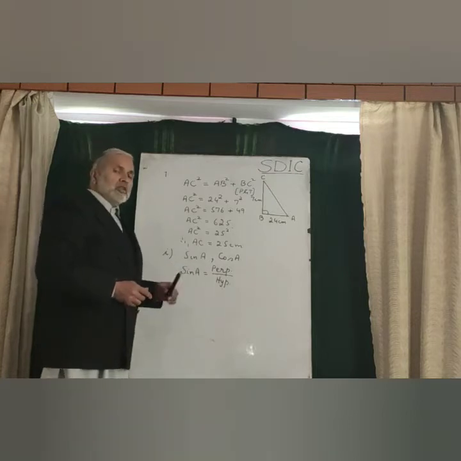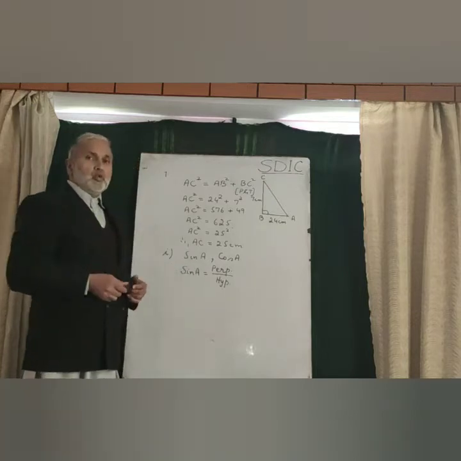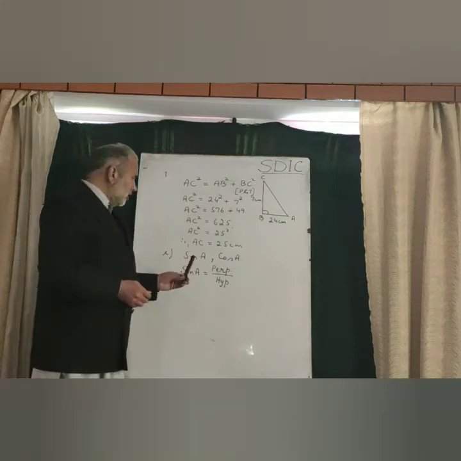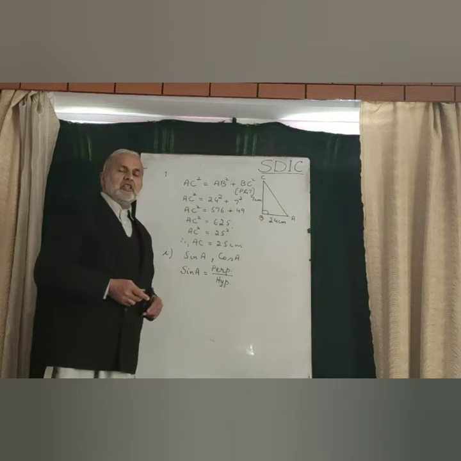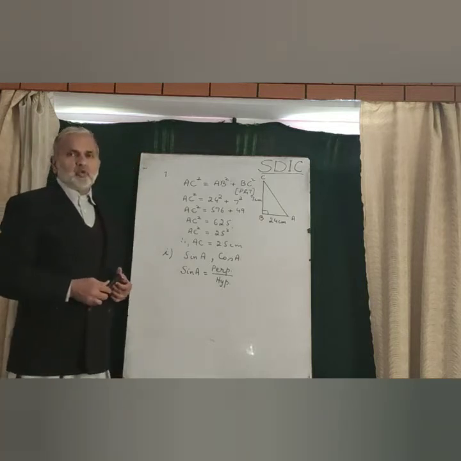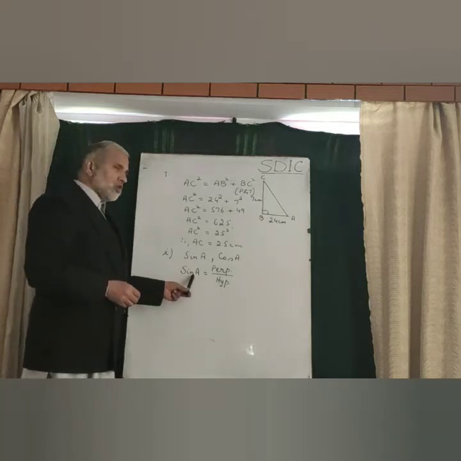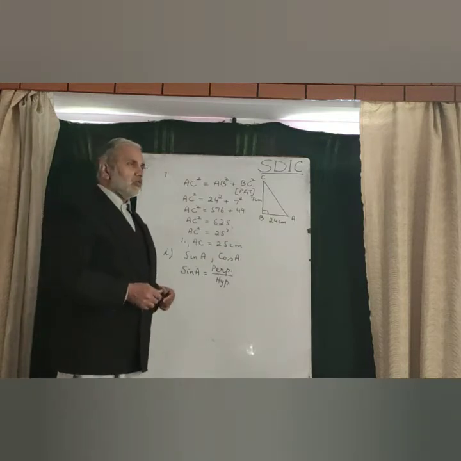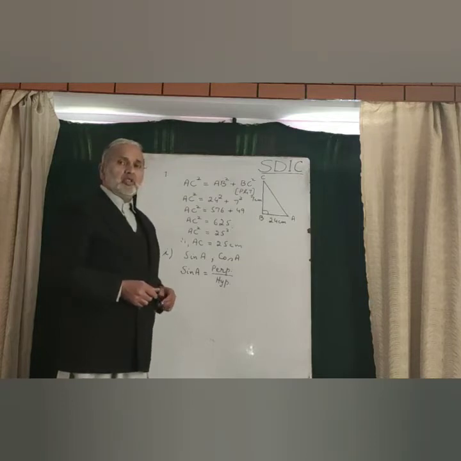So, you need not choose an acute angle of your own choice. It is already stated in the question which acute angle you have to use. You have to use A as the acute angle here. With respect to A, you can refer to the figure and identify the perpendicular.